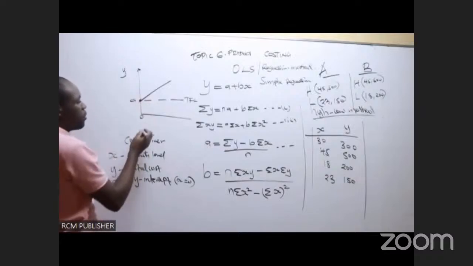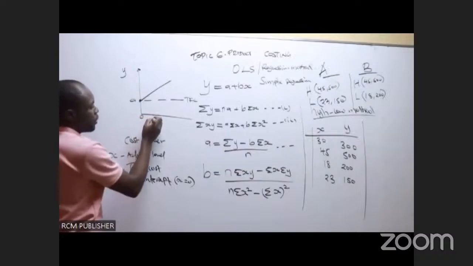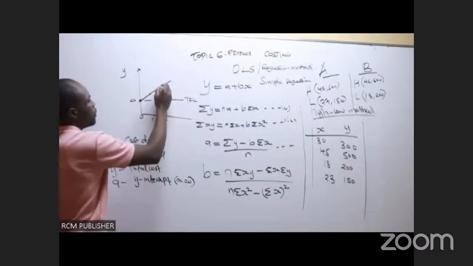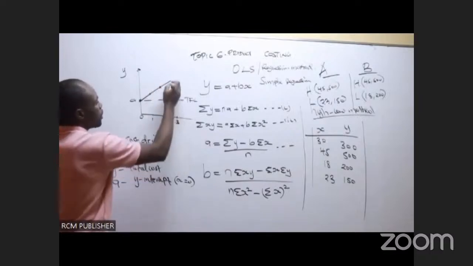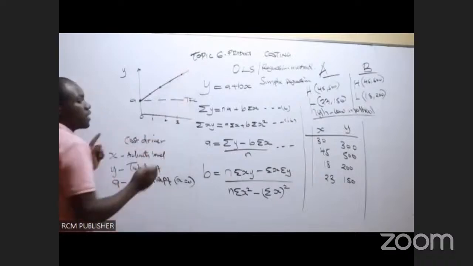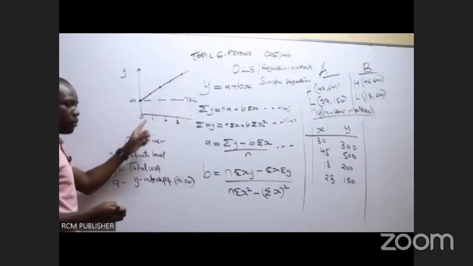The moment you start producing even one unit, the cost increases with the increase in number of units. That is the variable component.